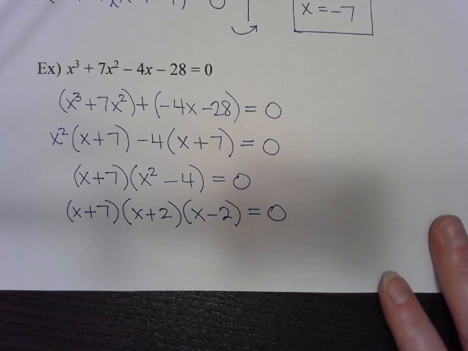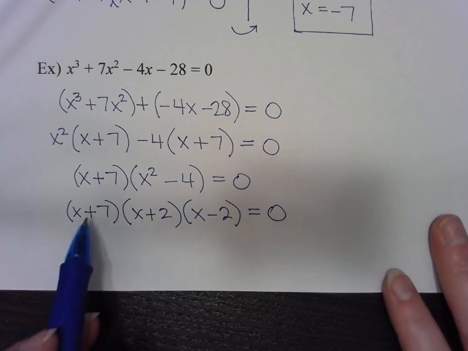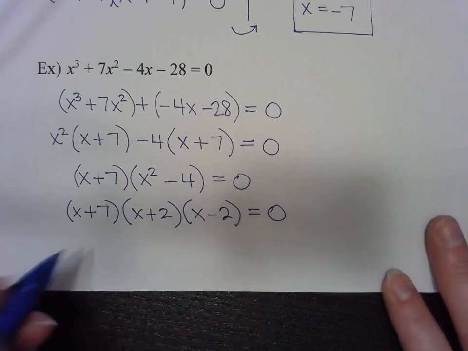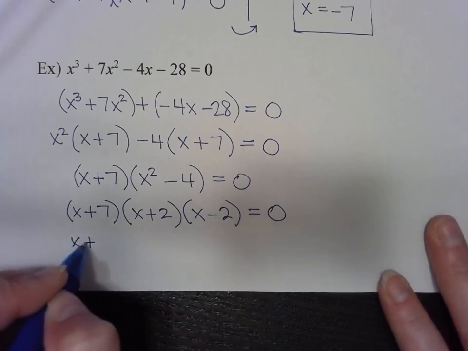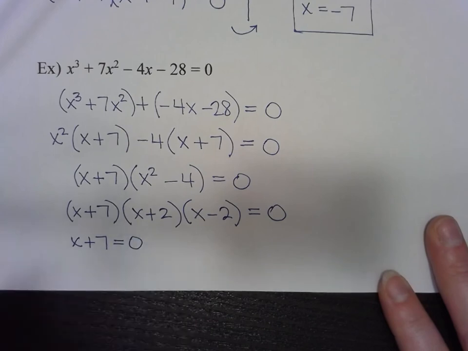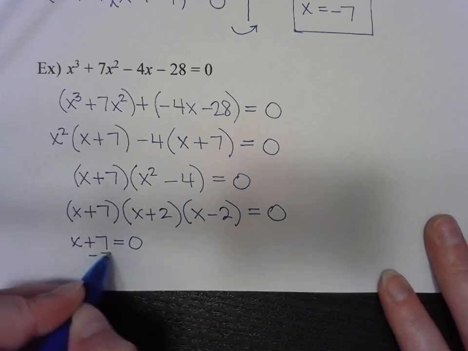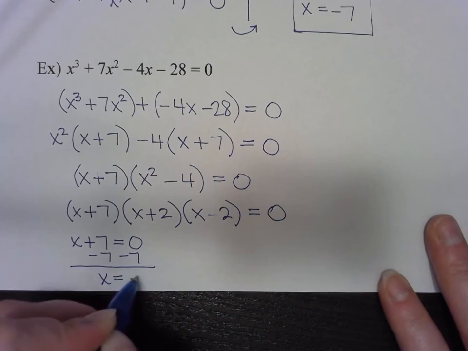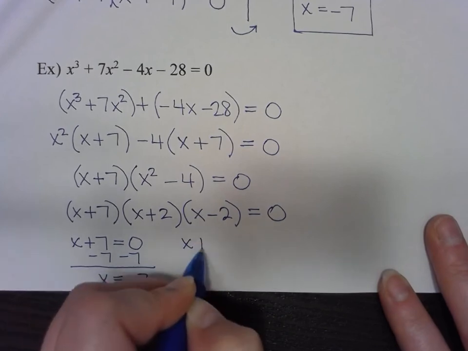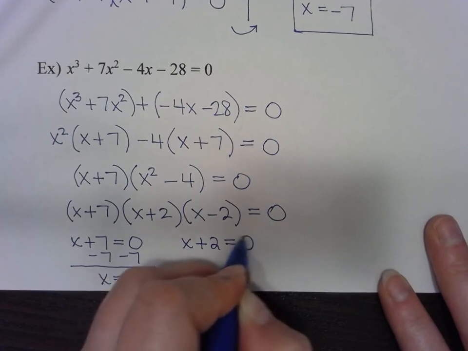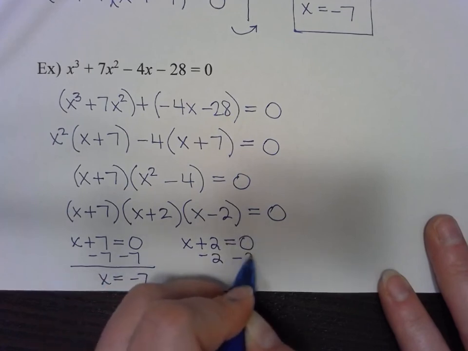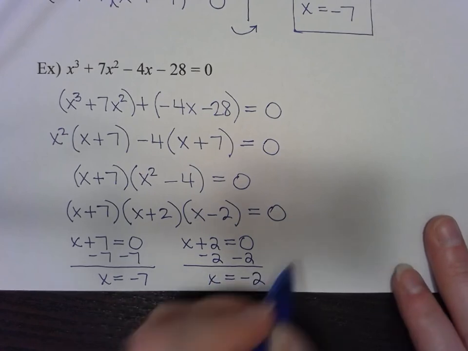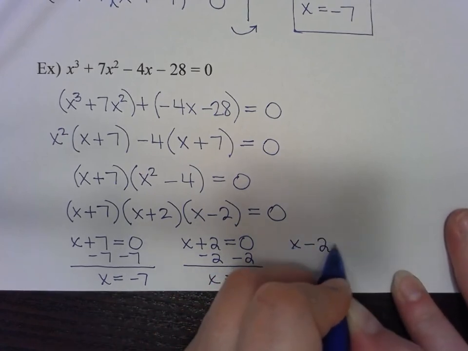Okay, since we're solving an equation, the last step would be to set each part equal to 0. I'm going to continue to write that out for now, but you could definitely do this part in your head as time goes on, right? So notice we get 3 answers this time.